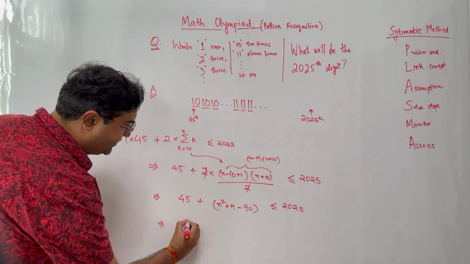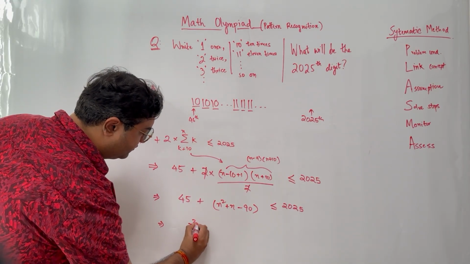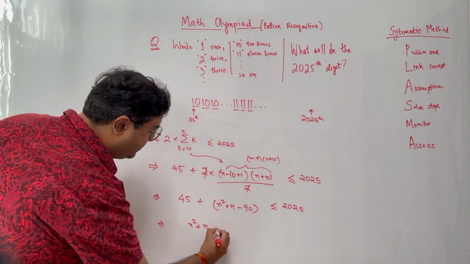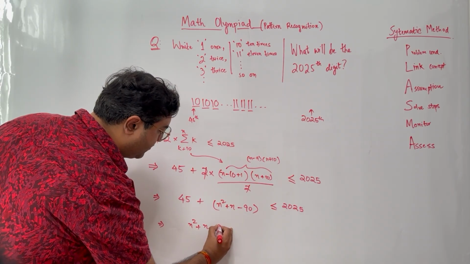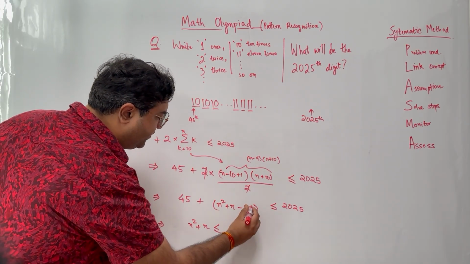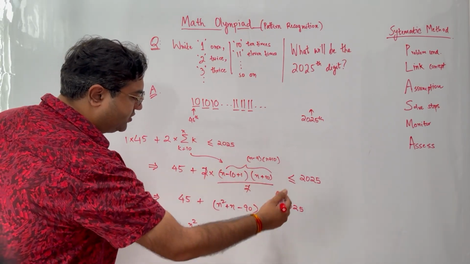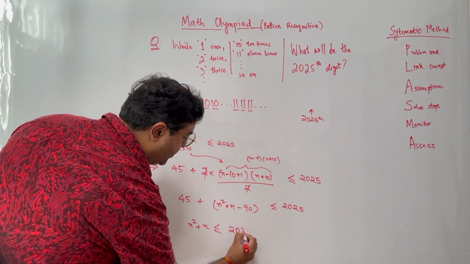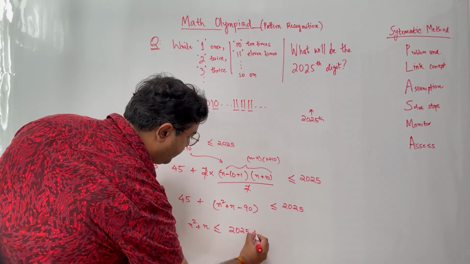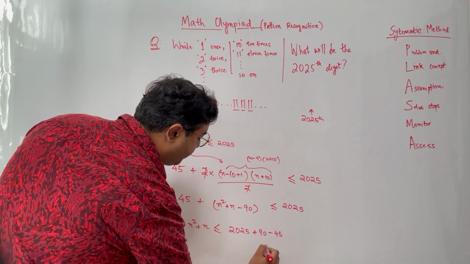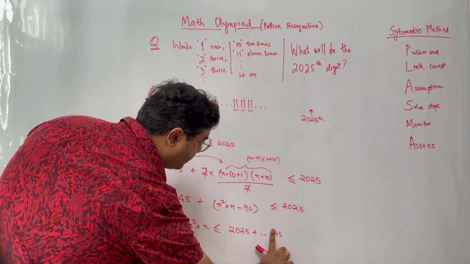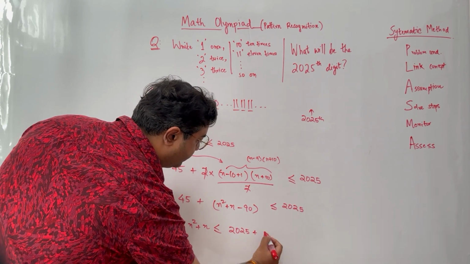So this is n square plus n less than or equal to, if we take all these things to the right, 2025 plus 90 minus 45. So this will give us 45.